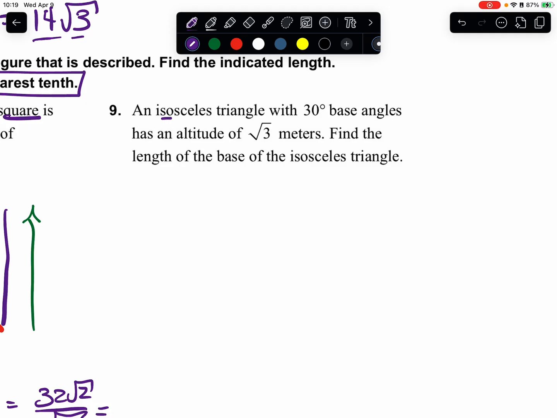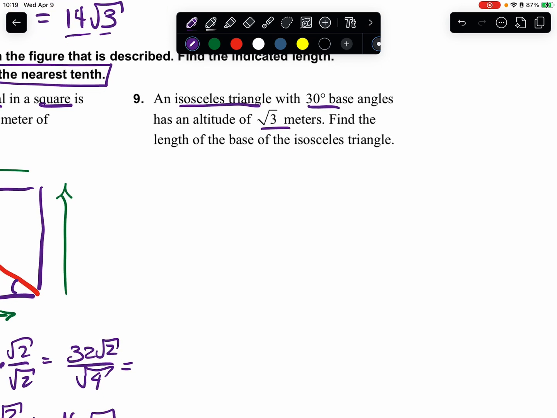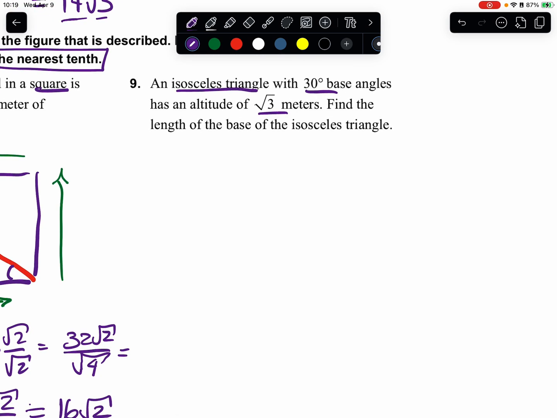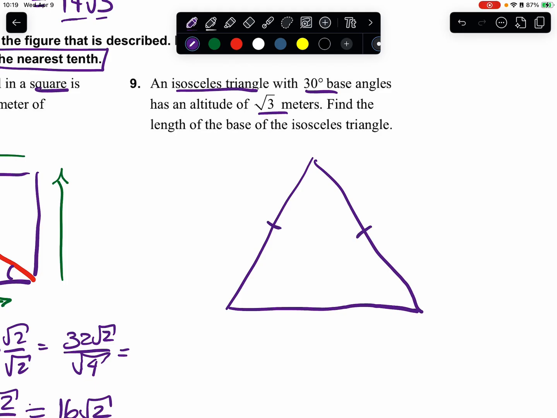An isosceles triangle, 30, 30 degrees, not dollars, degrees, base angles with an altitude of radical 3. Okay, I need an isosceles triangle. So I need a triangle with the 2 legs being the same. And the base angles are 30.